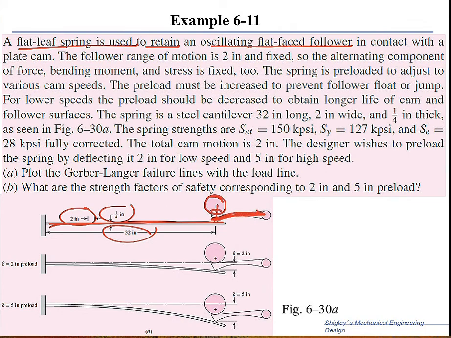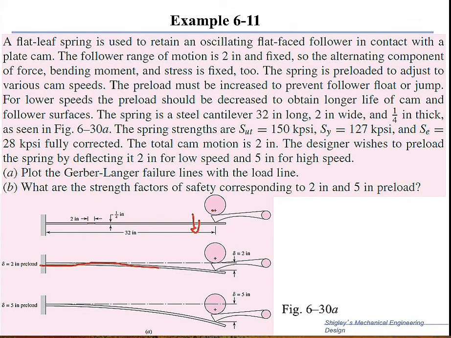The cam has an eccentric rotation point here, and this rotation point can move up or down. If we push this point down, for example, then there will be an initial deflection of the spring, and the initial deflection is given to be 2" for slow speeds.